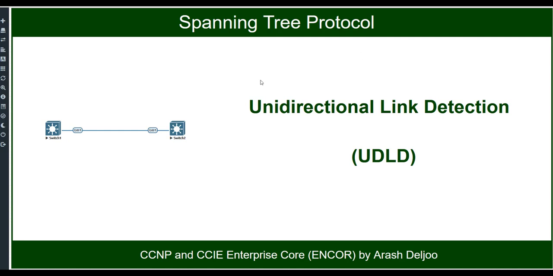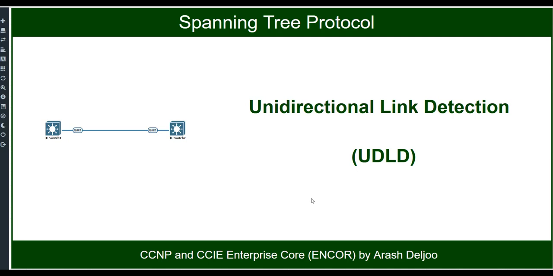Actually, UDLD is not a feature related only to spanning tree protocol or STP. We are using UDLD for detecting unidirectional links in our network, but one of the benefits that UDLD can give us is, for example, preventing loops in layer 2 networks.